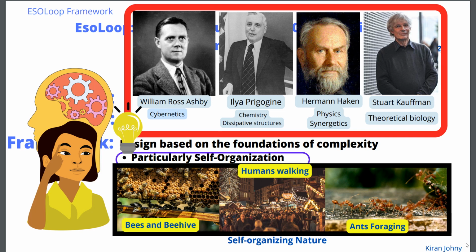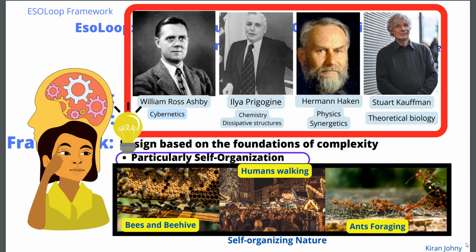Whether it is the dynamics of bees in a beehive, or human beings walking in a street, not bumping into each other, or ants foraging intelligently, coordinating with each other, all of these are examples of self-organization dynamics.